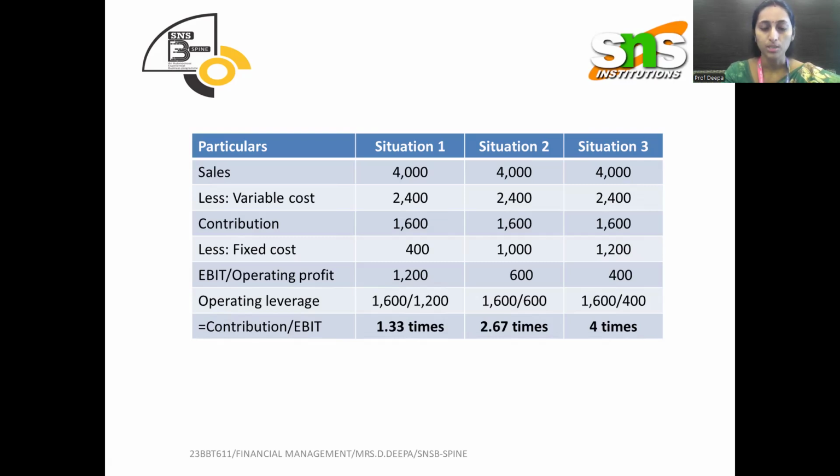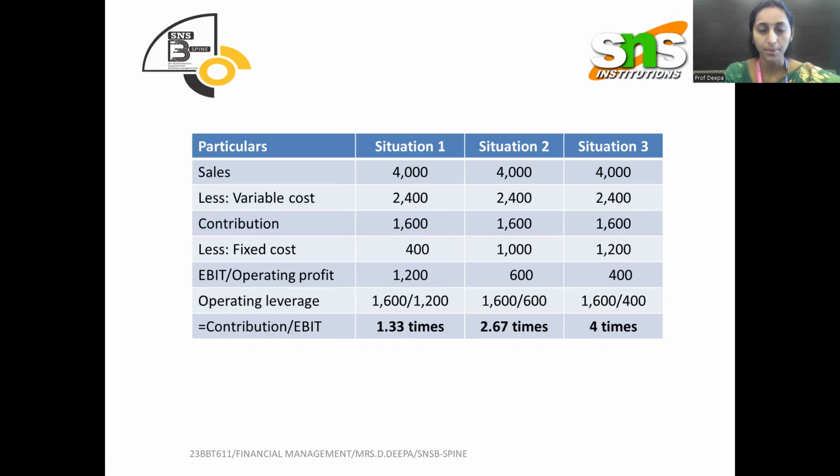What is the meaning of this 1.33, 2.67? What does it indicate? If sales increases by 1 time, or 1%, EBIT increases by 1.33 times. For situation 2, if sales increases by 1 time, EBIT increases by 2.67 times.